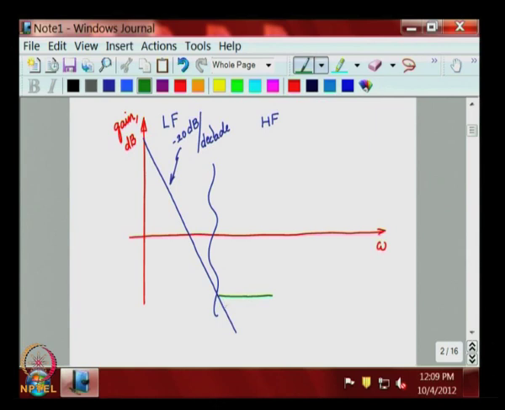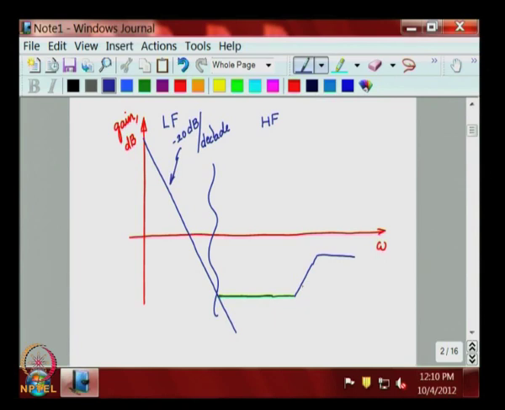So, the plus 20 dB per decade and the minus 20 dB per decade of the integrator gets compensated, and there is a flattening of the controller gain curve, and somewhere at a much higher frequency we are trying to introduce another 0, the derivative part, which tends to increase the gain, contributes a plus 20 dB per decade, and much later it flattens out because of the presence of a pole, because no derivative in the ideal sense exists.